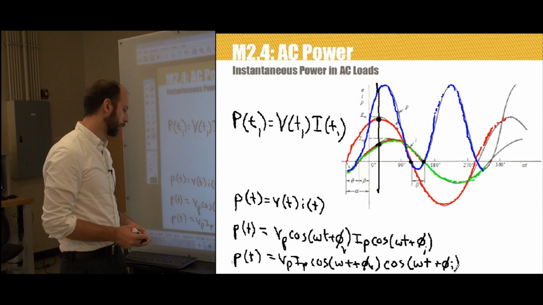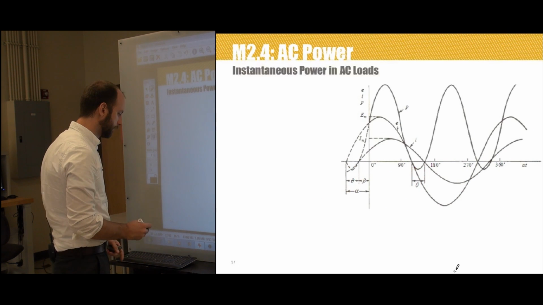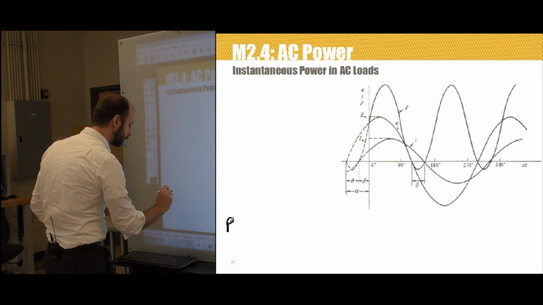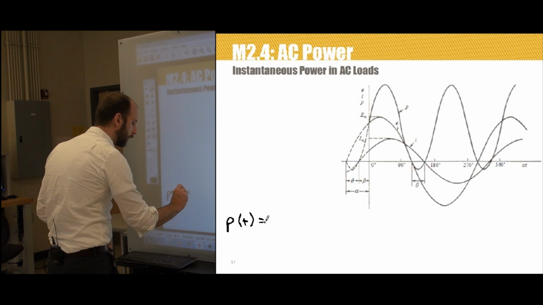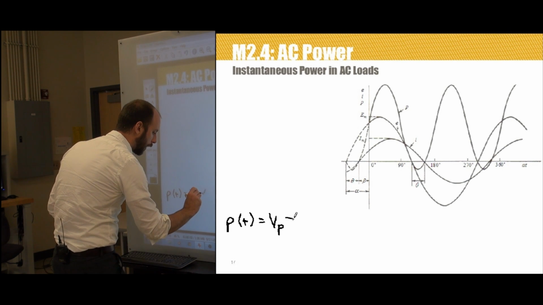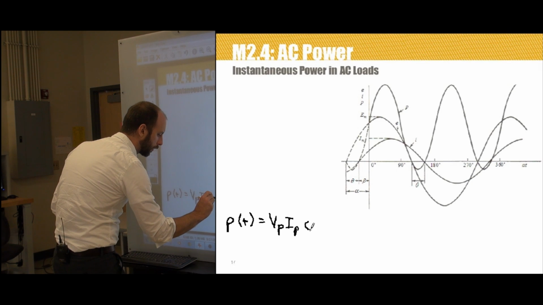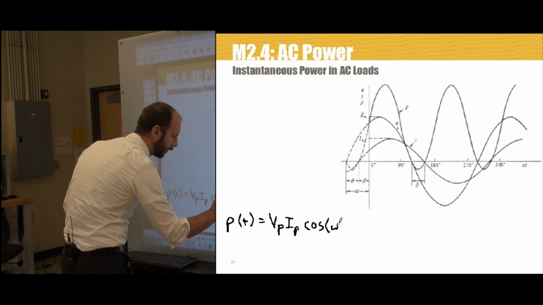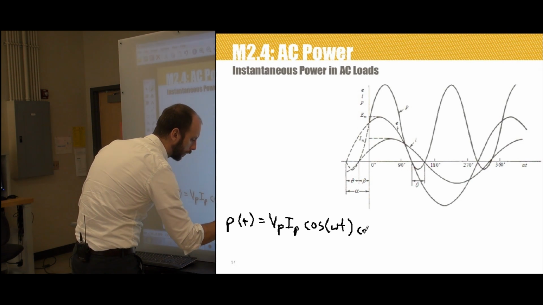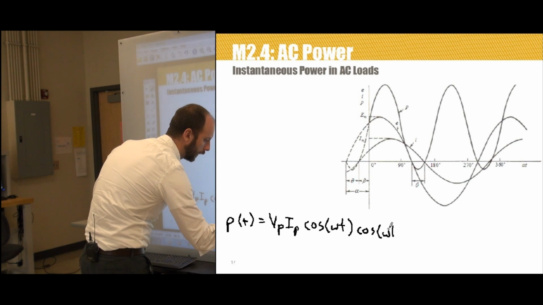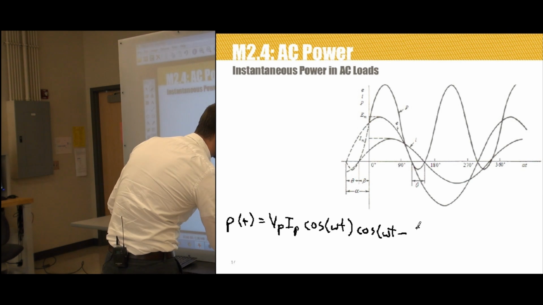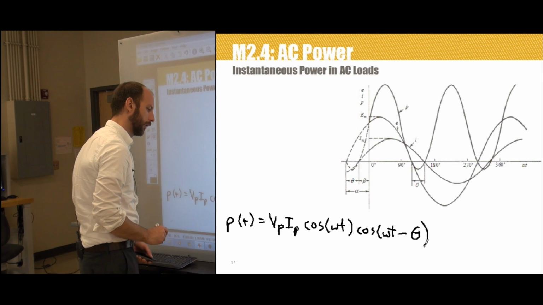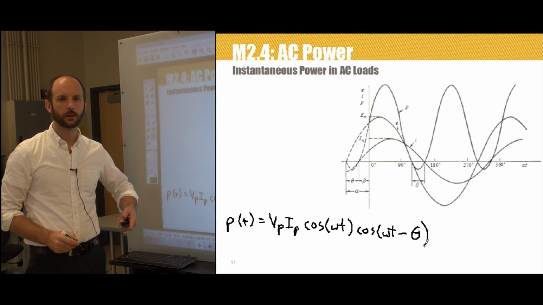So a lot of times we'll rewrite p of t is equal to V peak, I peak, cosine omega t, cosine omega t minus whatever that phase shift is right there, minus phi, or theta in this case.